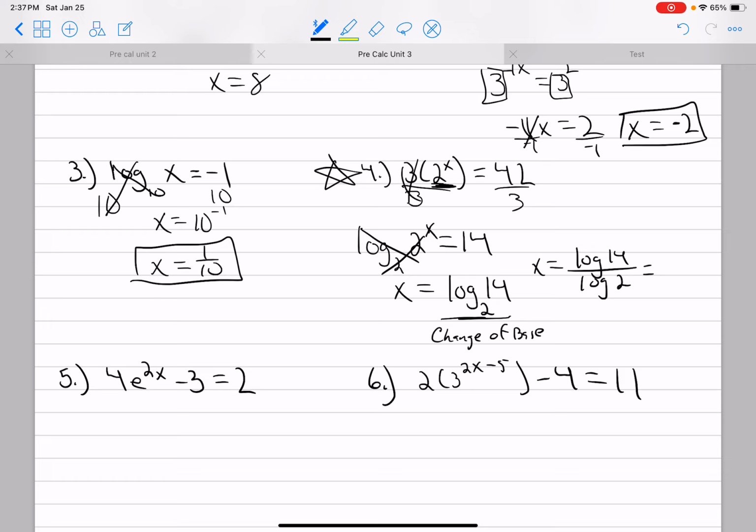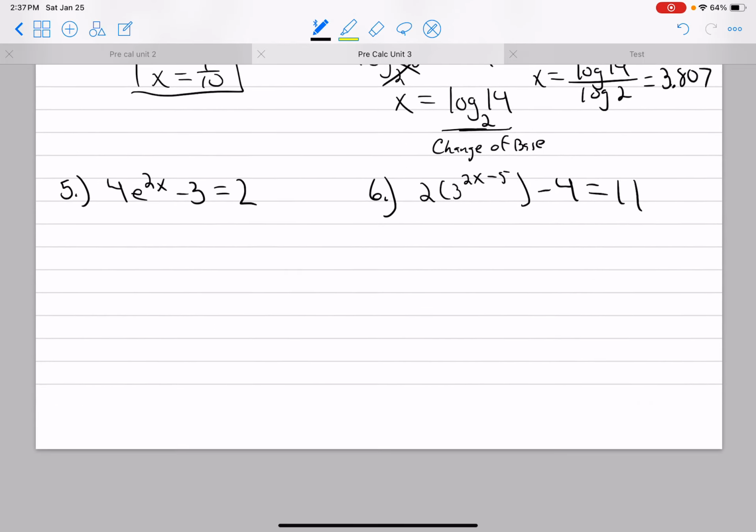Log 14, divided by log of 2. I end up with 3.807. Did you end up with the same thing? Well, we'll see. And let me just double check. Left hand, right hand. Boom. We are looking good.